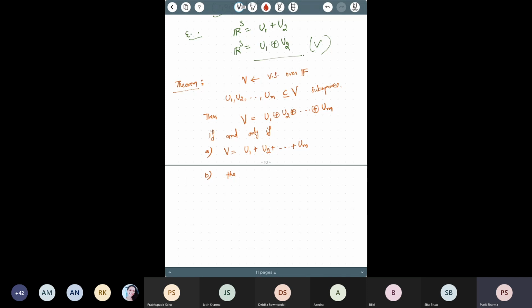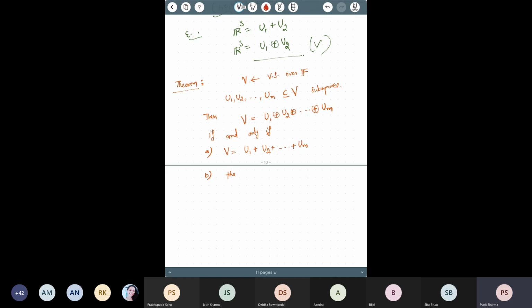So now I'm giving you a condition which doesn't say anything about the intersection, but it gives you a way to check whether it is a direct sum or not. The first condition, it has to be a sum first, which it should be by definition.